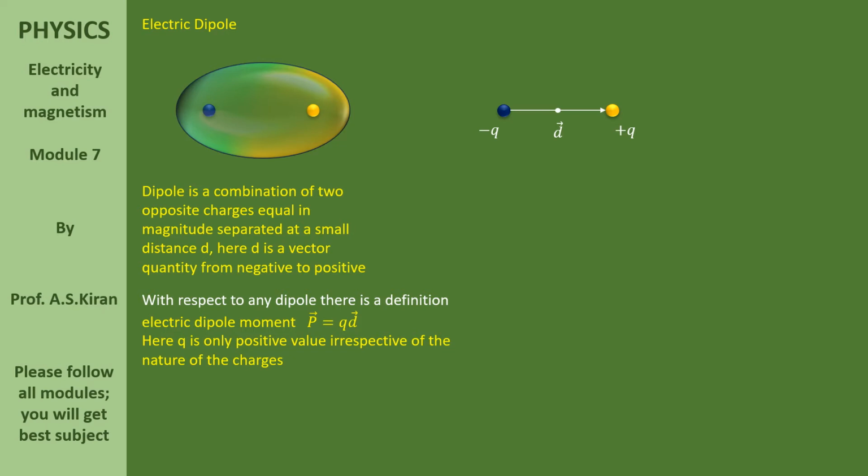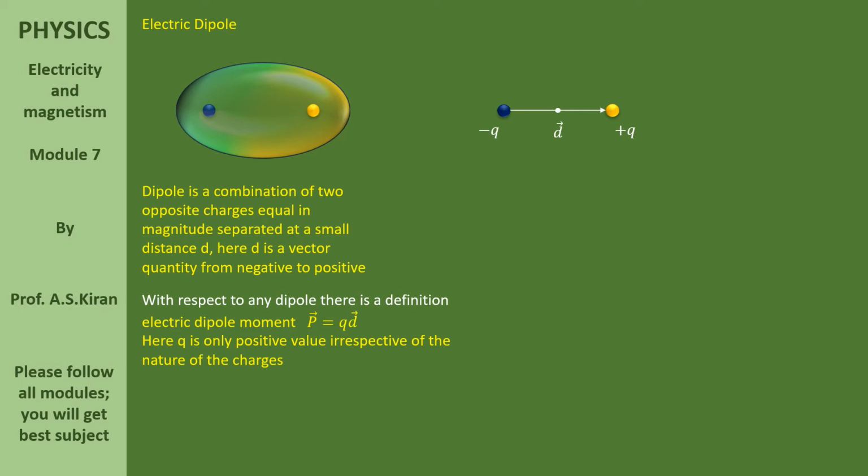Irrespective of the negative charge and positive charge, the Q quantity must always be positive. While considering a dipole, you will be given a positive charge as well as a negative charge, but you are supposed to take the charge of the dipole as only the positive charge of that quantity.